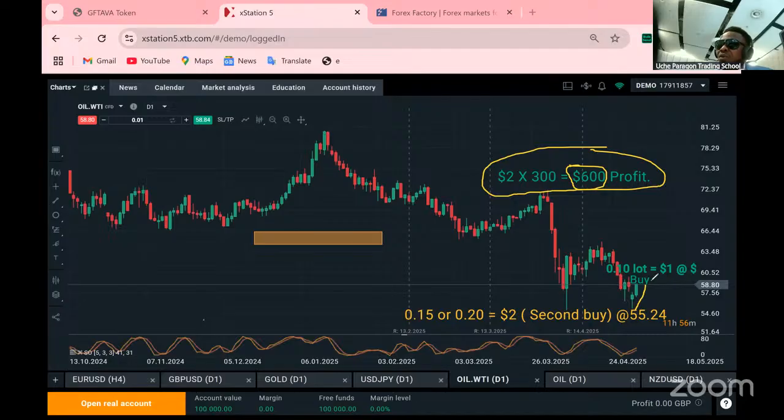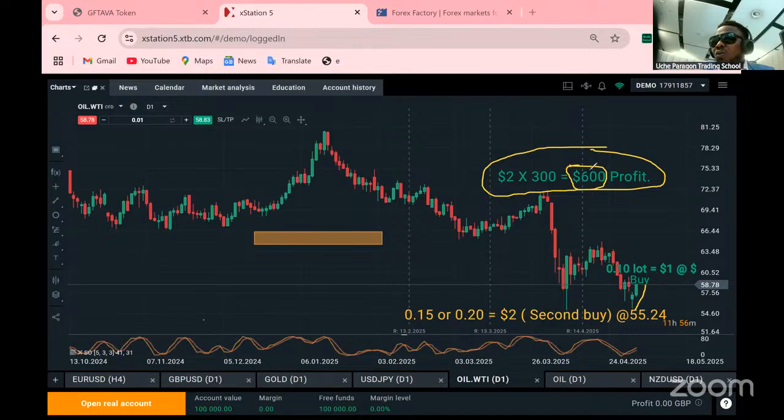For example, oil doesn't go up and down. Oil either is going up or is coming down. Gold does not go up and down. Gold is either going up or coming down. Mostly, some instruments like forex can do that erratic movement, but commodities go up or down. It does not fluctuate anyhow.